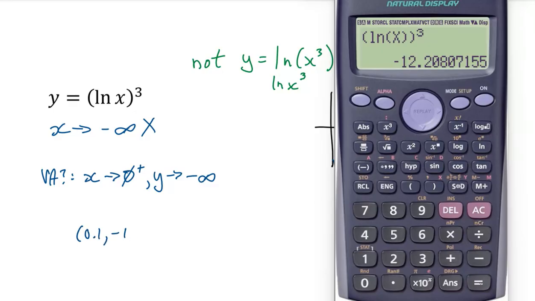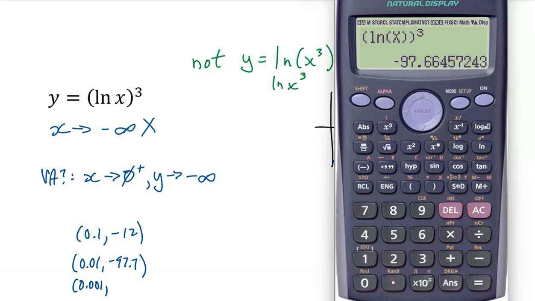Whoops, 2112. 0.01. Are you convinced that it's going to negative infinity? That doesn't look like negative infinity. We are really close to 0, and that's not a very big number.